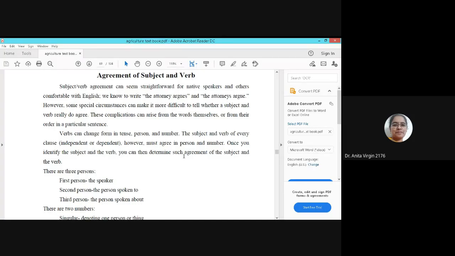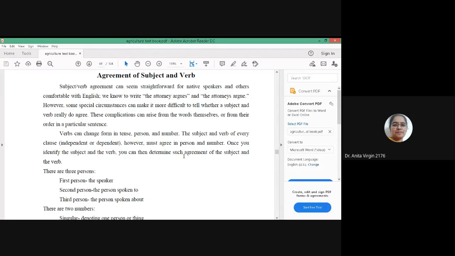Because that makes the language perfect and gives a correct meaning of the particular sentence that we are speaking. So it is grammatically correct. We need grammar, and there we need some perfection, and this perfection is attained only through this subject verb agreement. So this is very, very important.